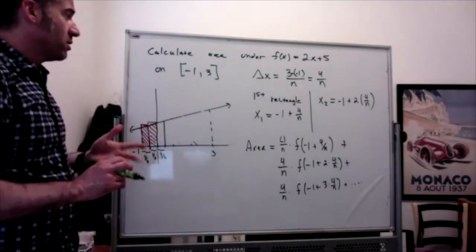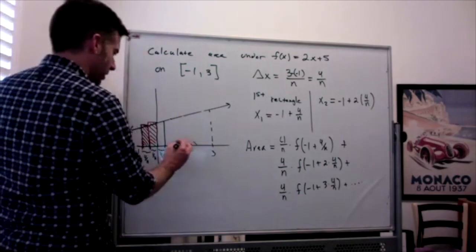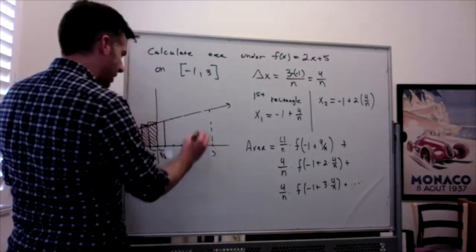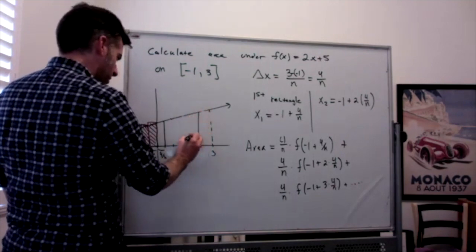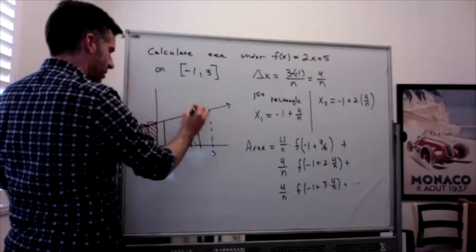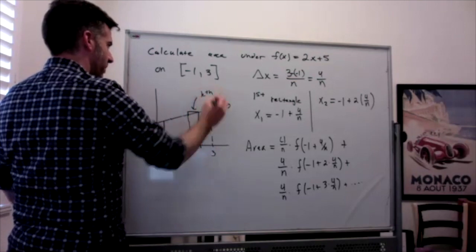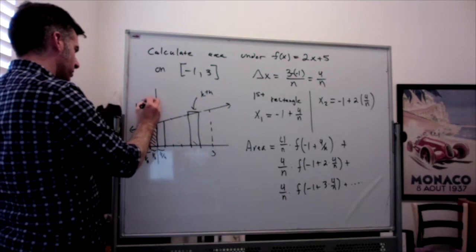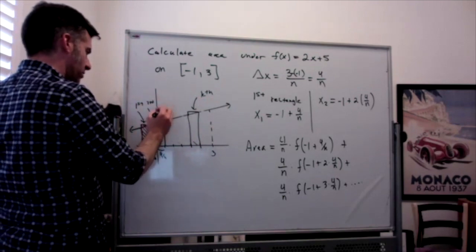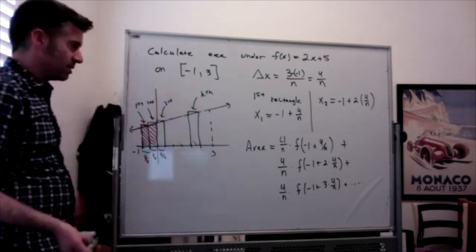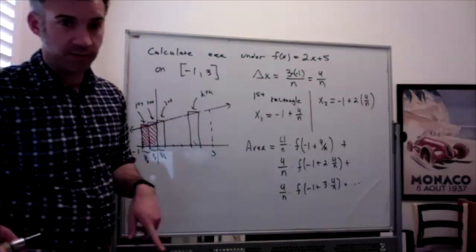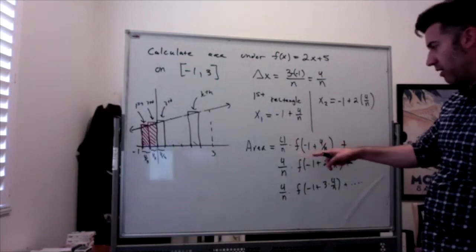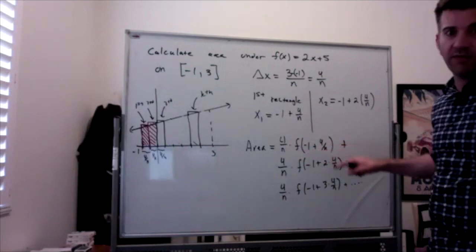Okay. So the idea is they ask us to figure out what's happening in the kth subinterval. This is the first one. This is the second one. This is the third one. This is the kth one. For the first rectangle, the area is base times f of -1 plus 1 times 4/n.